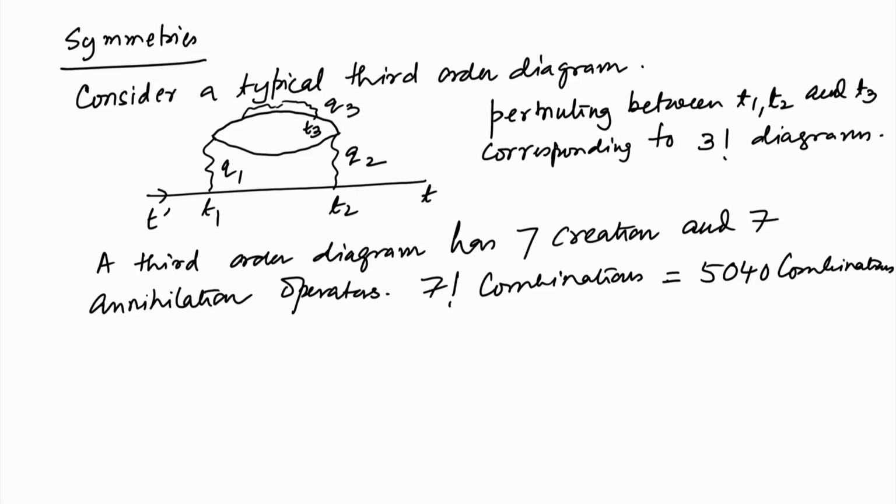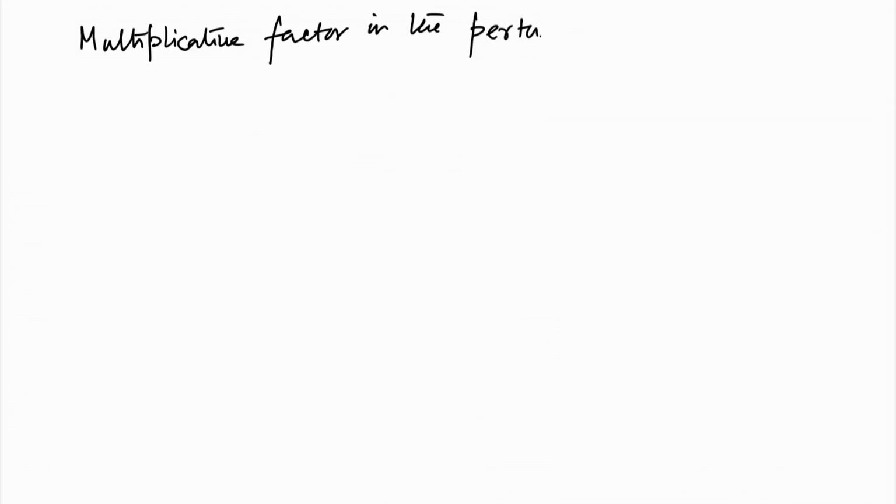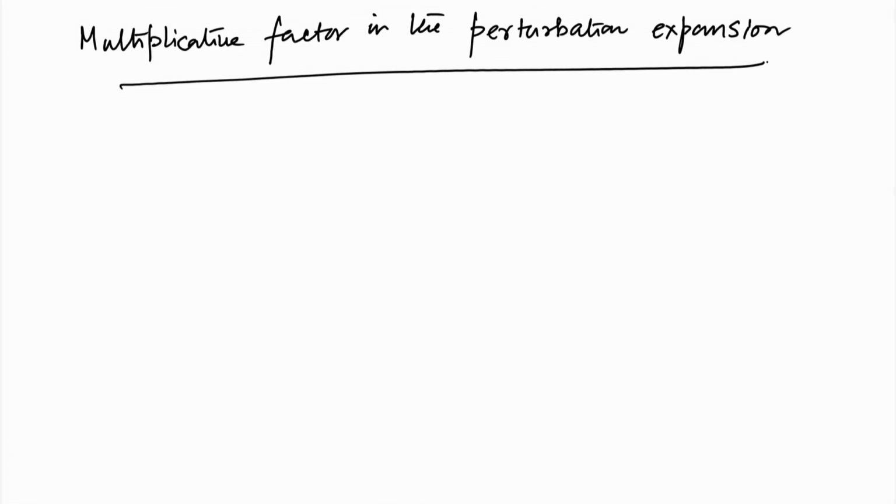Now, what we have been leaving out is the multiplicative factor in the perturbation expansion. What I mean is that what we were writing as this, we were leaving it out, actually there will be 2n plus 1 creation operators in the nth order.